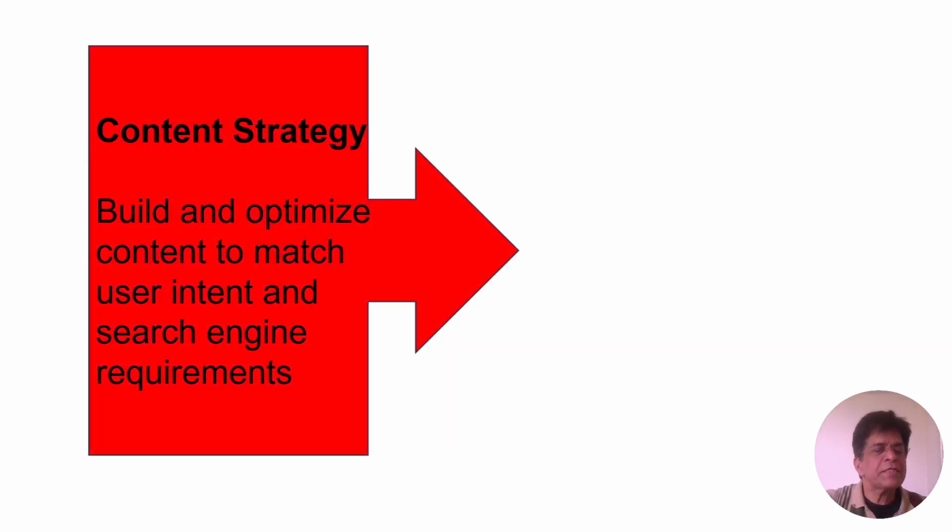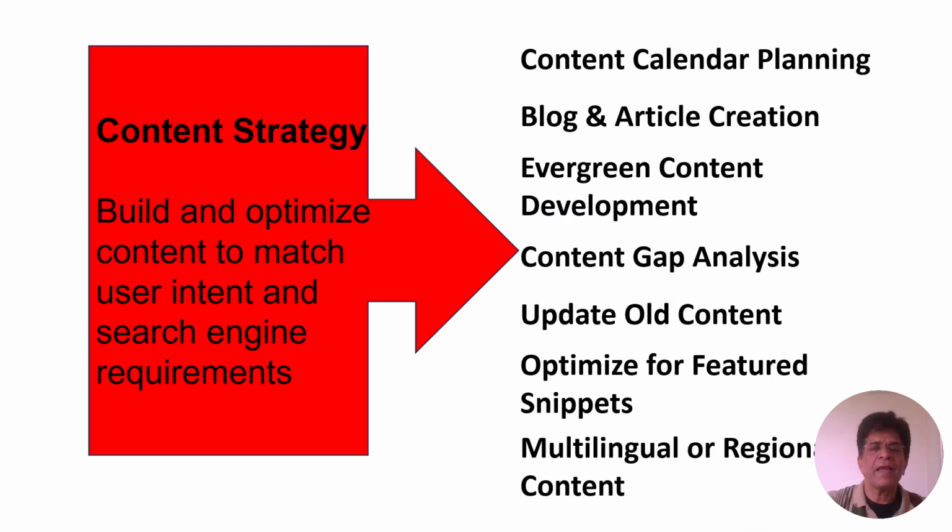After SEO, we need to ensure the content strategy. What content should be there on our website? That is very, very important for any digital marketer: to build and optimize content to match user intent and search engine requirements.